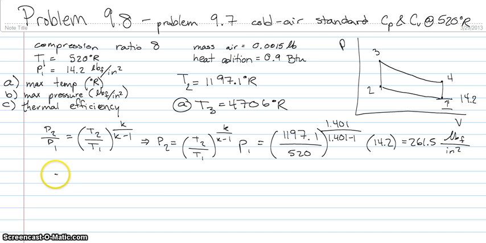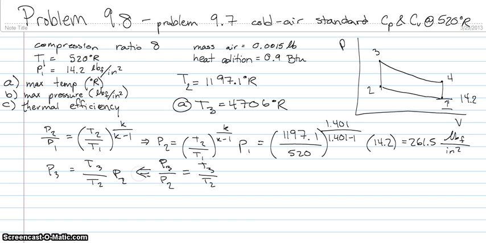Now similarly, we need the pressure for state 3, which we can get using the fact that it's an ideal gas, so we have T3 over T2 equal to P3 over P2.